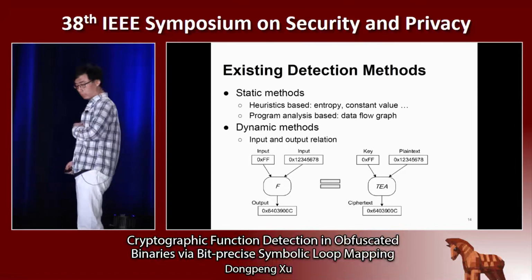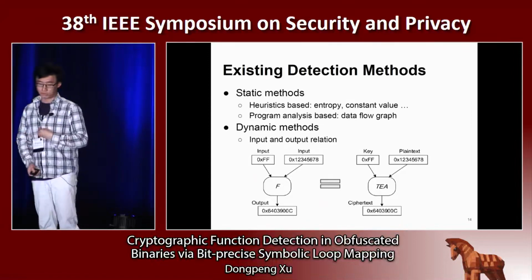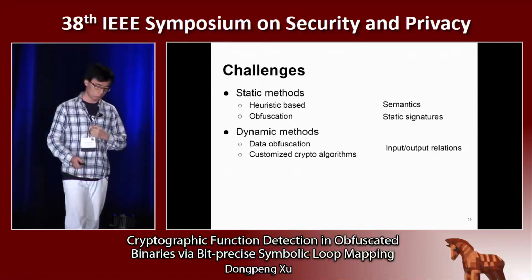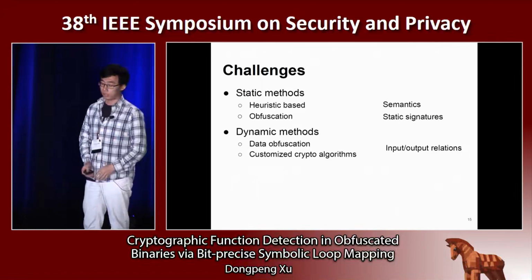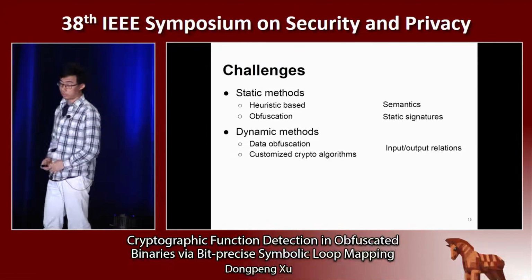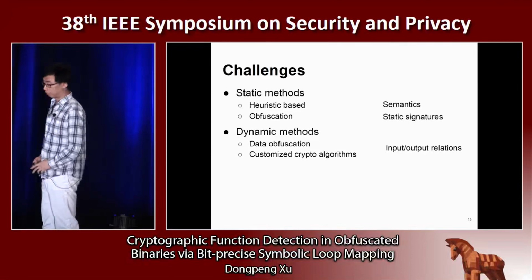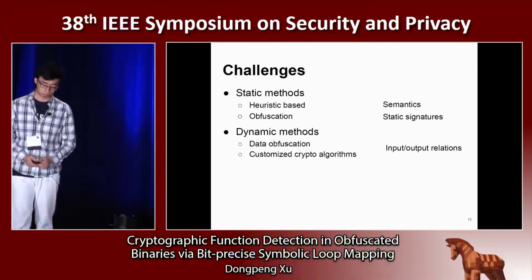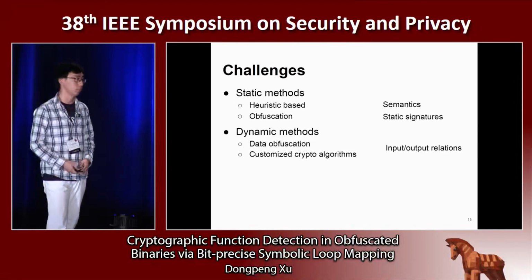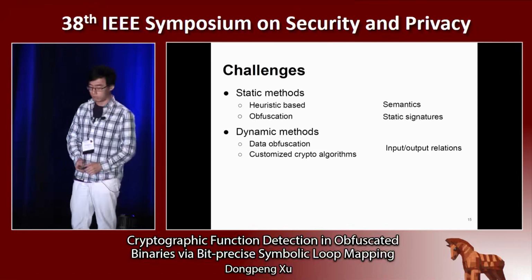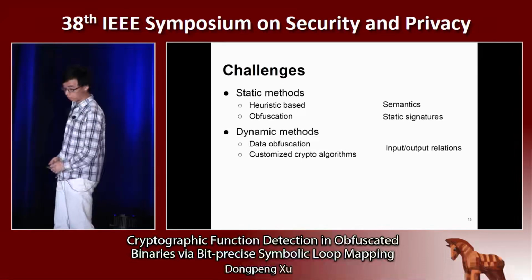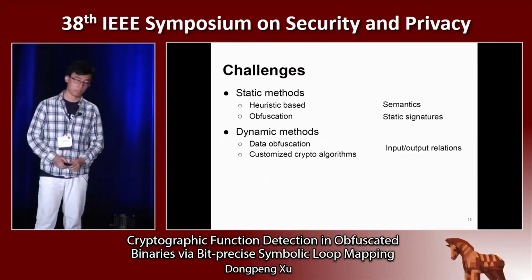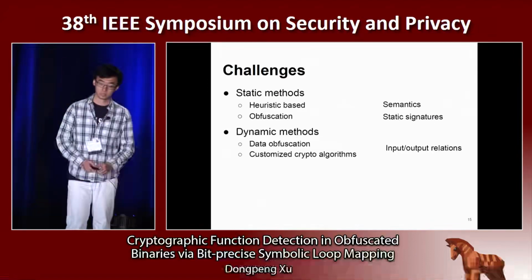But unfortunately, there are still some challenges for those existing methods. First, heuristic-based static methods usually cannot capture the essential semantics of the crypto algorithm, so they may suffer from false positives and false negatives. For static methods based on signatures, those signatures can be hidden by obfuscation techniques.